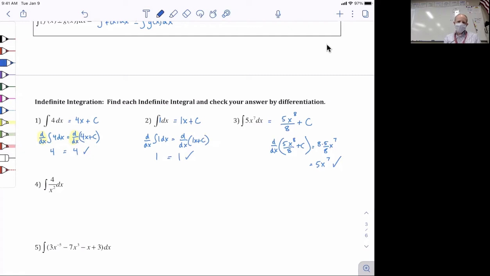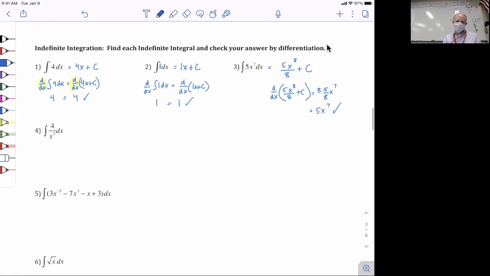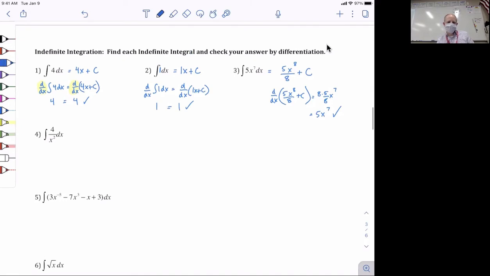Now you might also see rational functions. Like number 4 here, 4 divided by x squared dx. And the same kind of idea applies as first semester, where you always want to rewrite the integrand before using the power rule. So we need this to be in a power format, ax to the nth power.